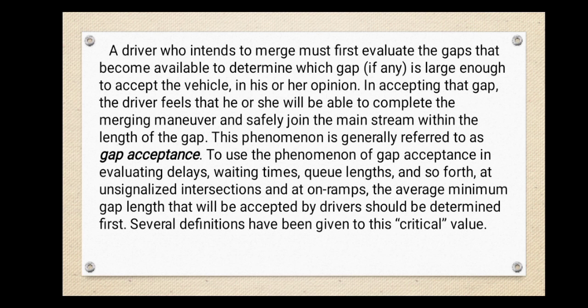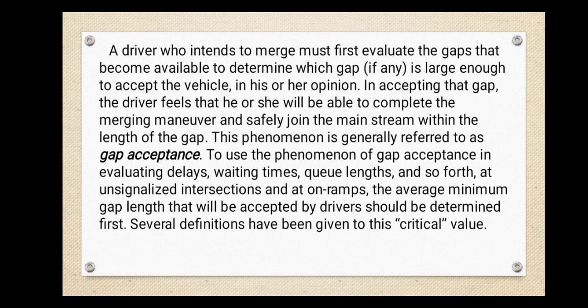To use the phenomenon of gap acceptance in evaluating delays, waiting times, queue lengths, and so forth at unsignalized intersections and at on-ramps, the average minimum gap length that will be accepted by drivers should be determined first.